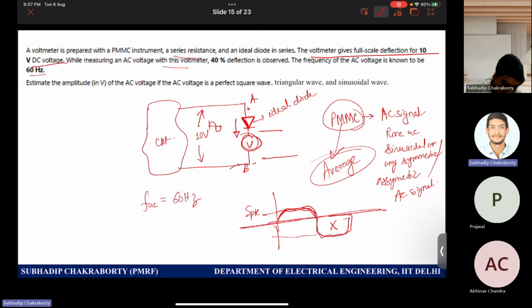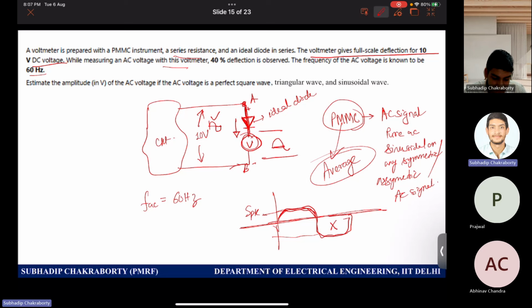When you have the positive part, the diode gets forward biased. And once it is forward biased, the connection is established with this node. And once the connection is established with point A, the voltage appearing across the meter is the same as the supply voltage or the circuit voltage, that is the voltage across those two nodes, which is the positive lobe.